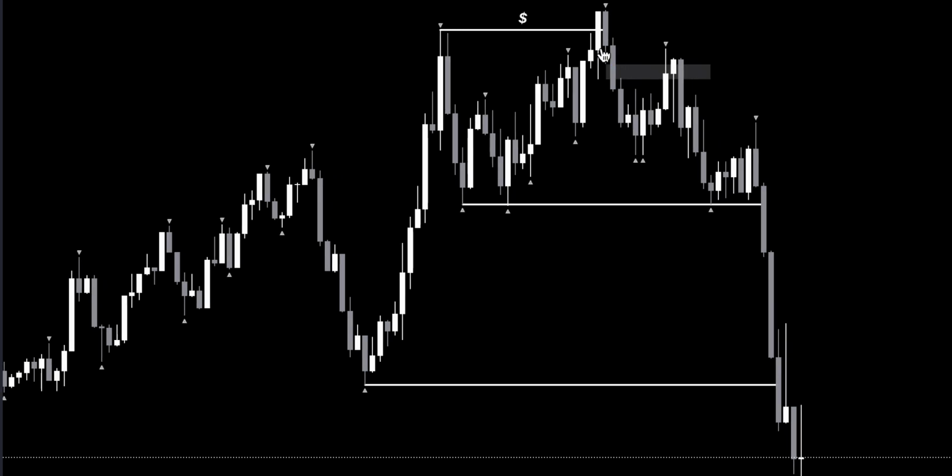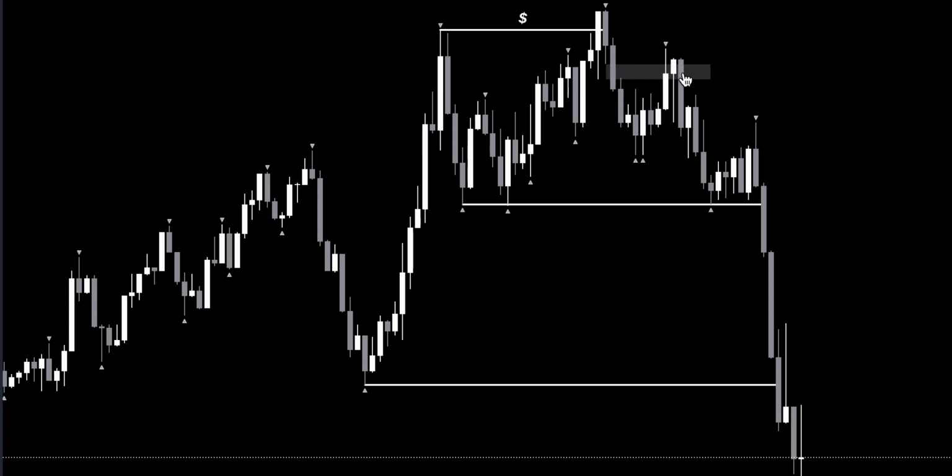Price pushes strongly to the downside, displacing and creating an imbalance, which is when price moves too fast in one direction and leaves an imbalance. Once these imbalances are created, price, not always, but very often, likes to reprice and rebalance the fair value gap.